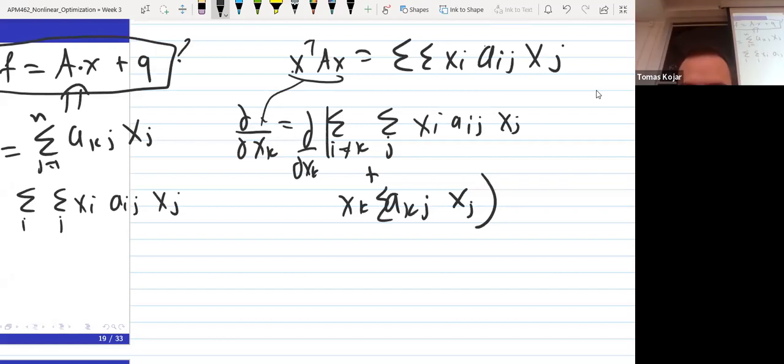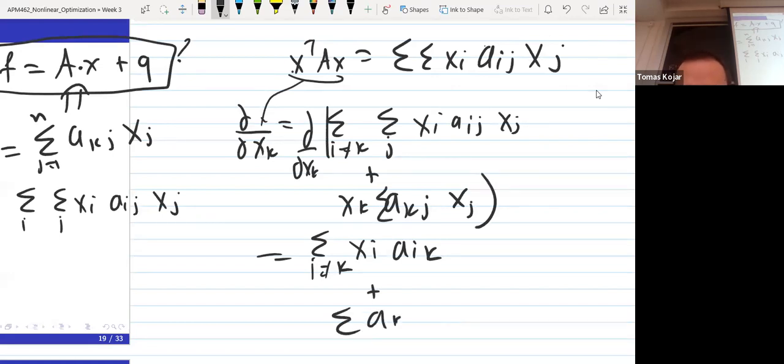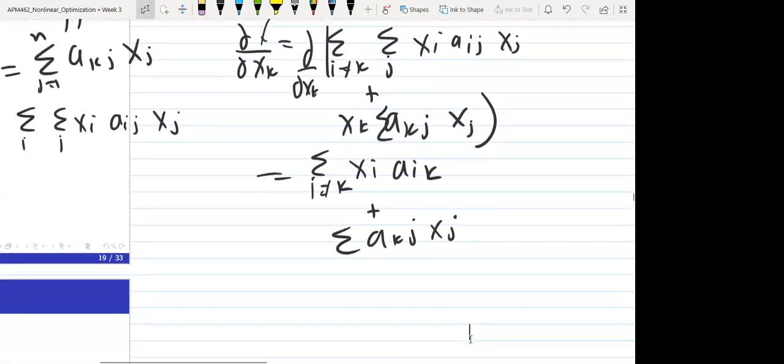Okay, so now take derivative of the top guy. You're only left with i is not k, x_i, A_ik. And the other guy is A_kj, x_j, right? Right? Yeah.